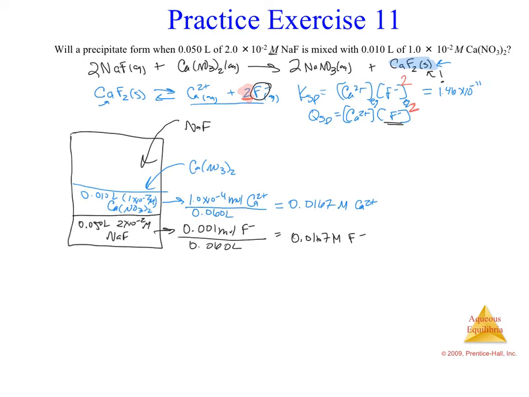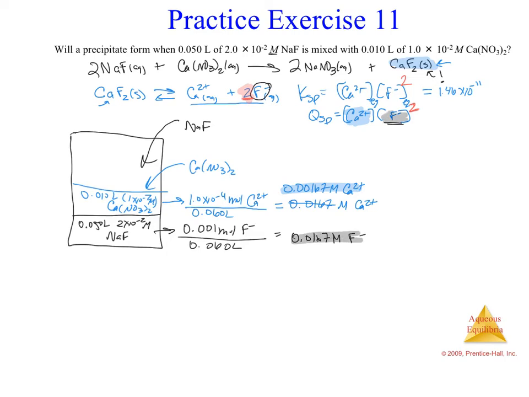And I forgot a 0 here, hopefully you caught that also. It's 0.00167 molarity calcium. Okay, so now I have my calcium molarity to plug in here, and I have my fluoride molarity to plug in here.